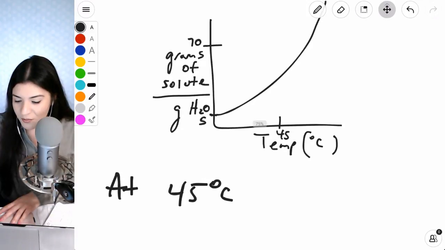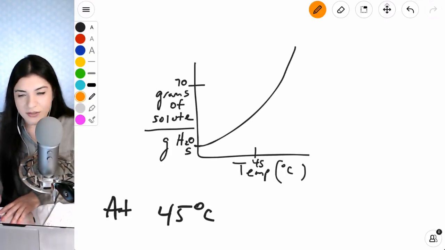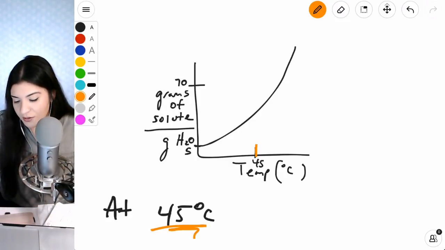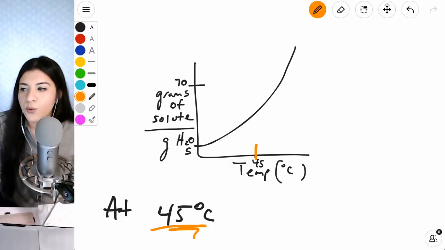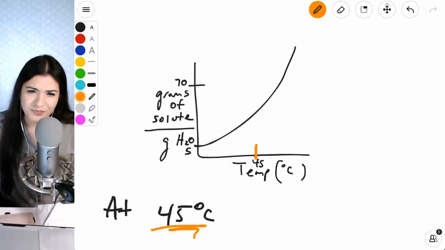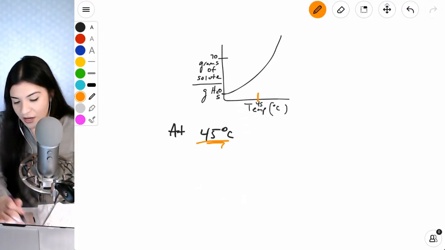Okay, so kind of like looking at what this is even saying, how you would read this graph is they would tell you a specific temperature and you would go to it and look, okay, will that be soluble? And they'll tell you that, oh, maybe it's going to be soluble at this percent by mass. Okay, that's something that we can look at.